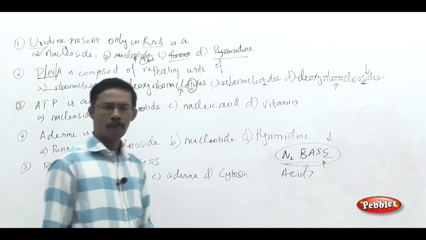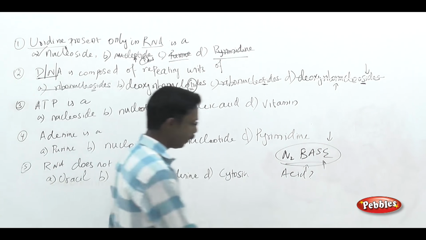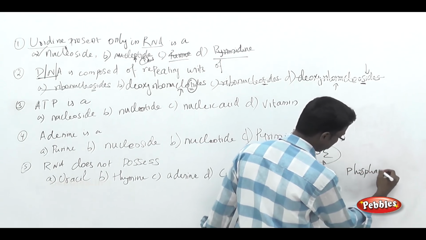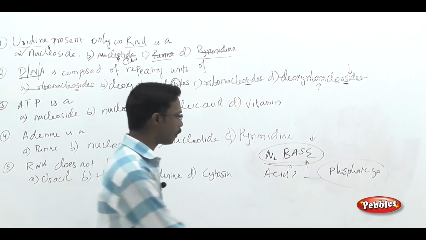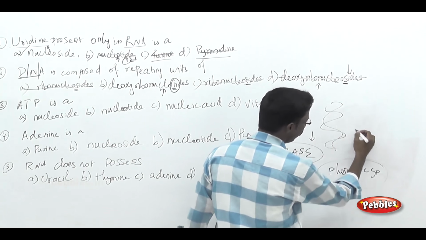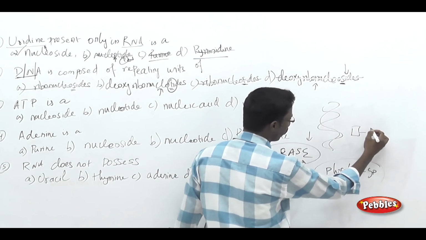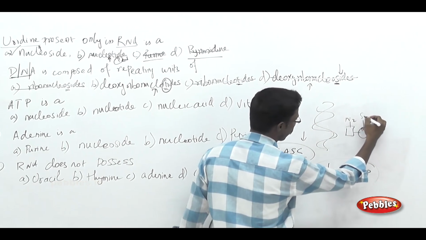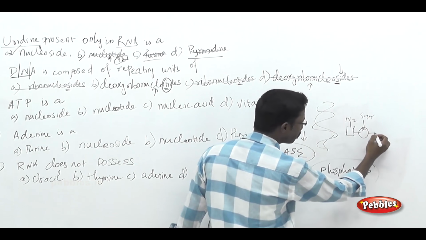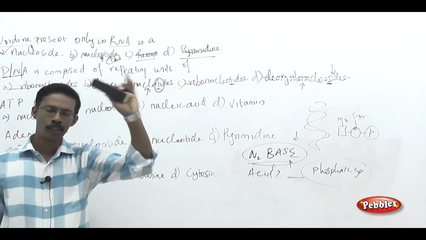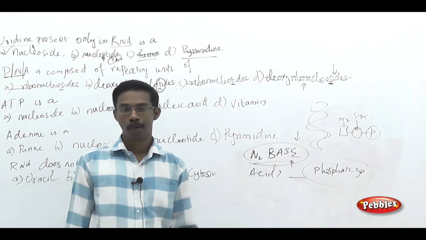The point to remember is the presence of the phosphate group. In a DNA or RNA structure, the nitrogenous base is attached to a sugar, and the sugar is attached to a phosphate group. The external surface is covered with the phosphate group.